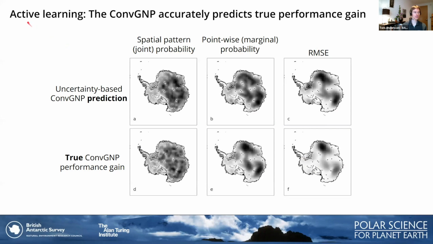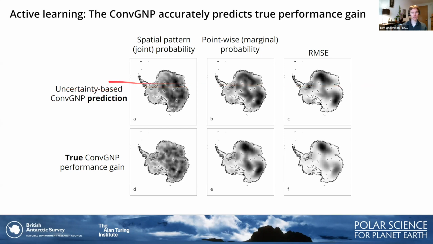So we're going to run this model using the machine learning paradigm known as active learning, which is where the model actively tells you where it needs new data. And what we're looking at here is evidence that the ConvGMP can accurately predict the true performance gain. And the way this works is using various notions of uncertainty in the model's predictions.